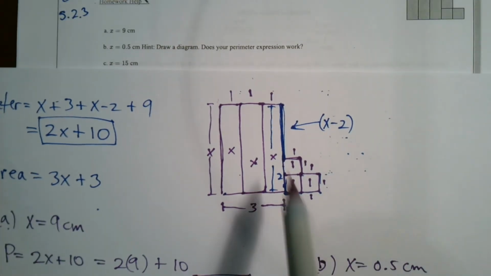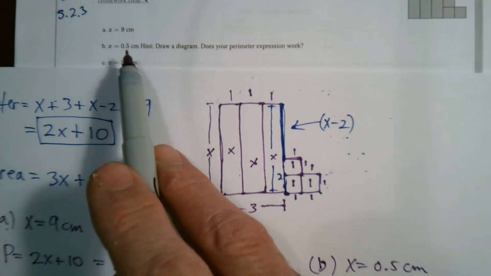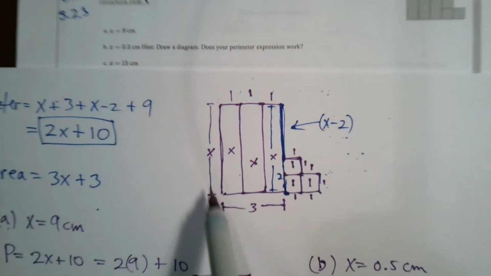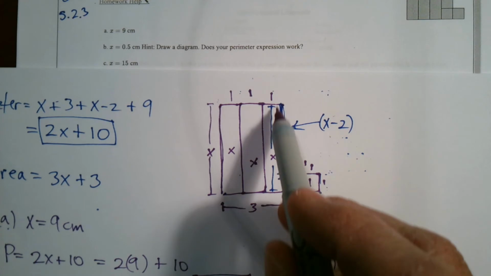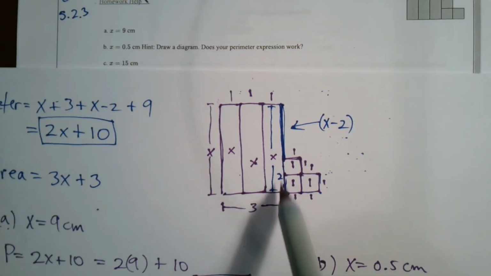If we look at our current diagram, and x is only half a centimeter, there's a problem with our current diagram, right? Because right now with our diagram on this side, we're assuming x is greater than 2, right?